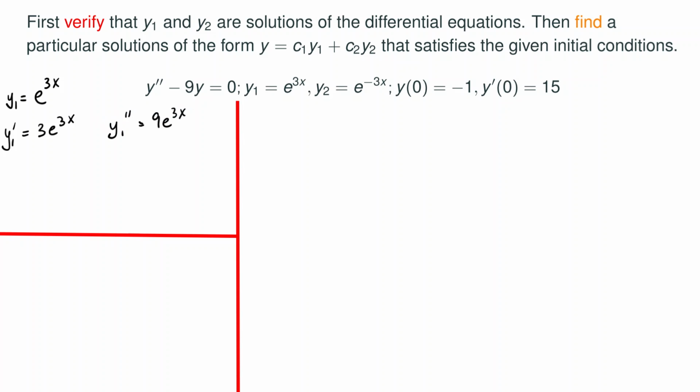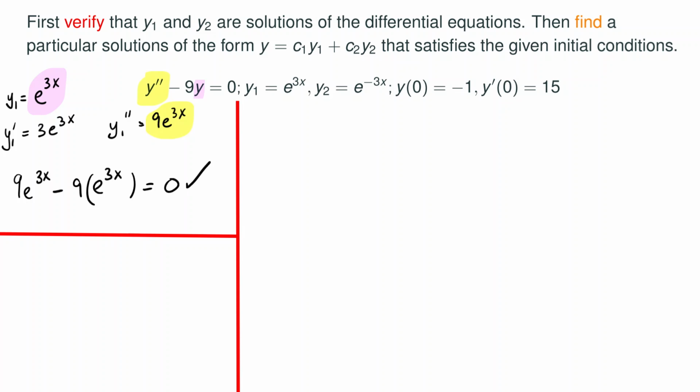Now let's verify: if we have the second derivative, 9e to the 3x, and we subtract 9 times the first derivative, we should end up with 0. And indeed we do get 0, so we verified that y1 is a solution.